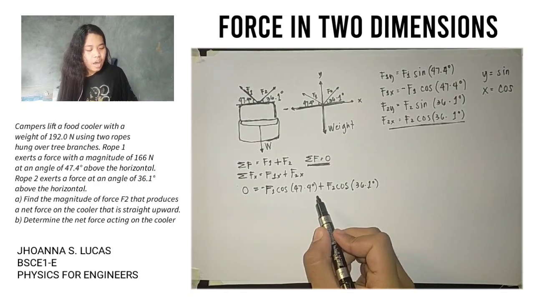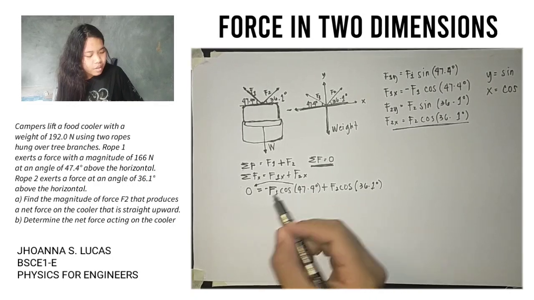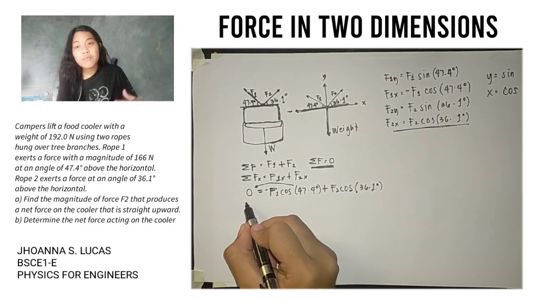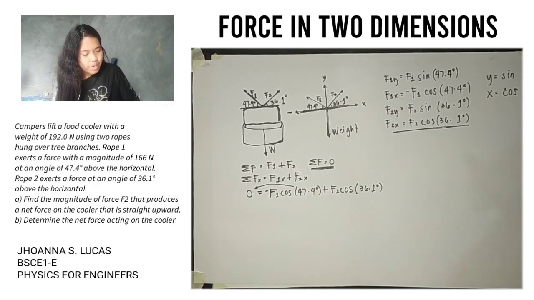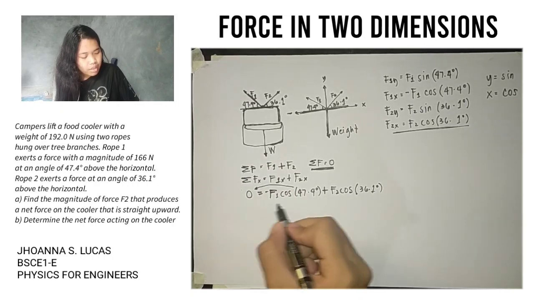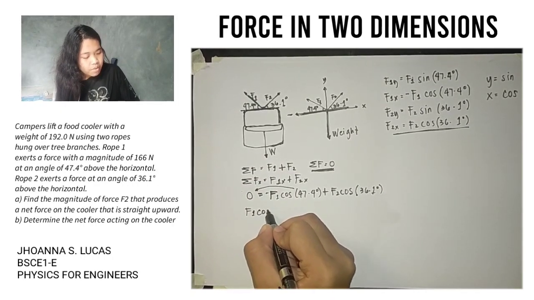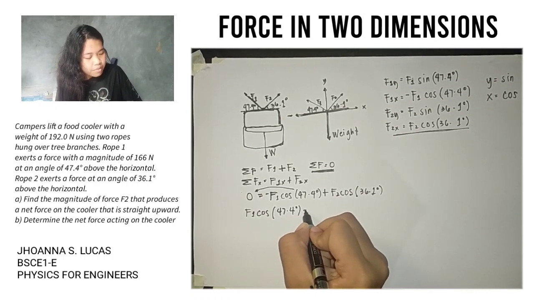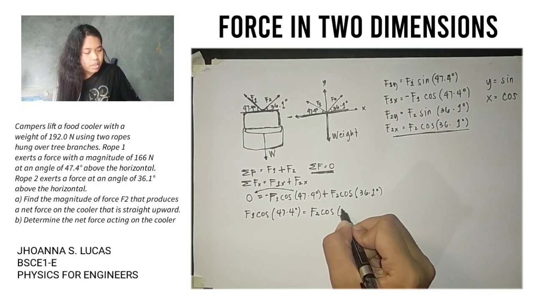Since this is 0, we can move our F sub 1x to the other side of the equation, so it will be positive. So F sub 1 times cosine of 47.4 degrees is equal to F sub 2 times cosine of 36.1 degrees.